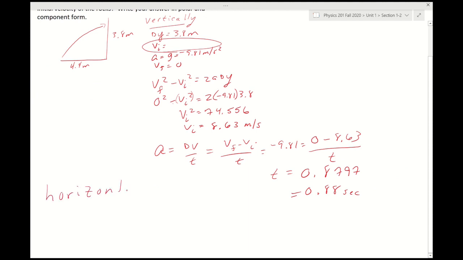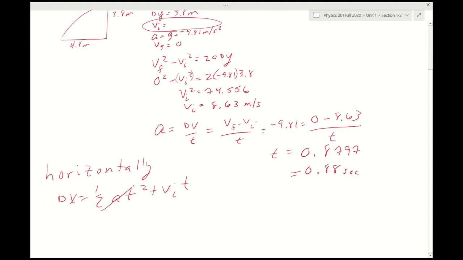Horizontally, I can now go to my delta x is 1/2 at squared plus vit. My horizontal acceleration is still 0, so 4.4 meters is equal to my initial velocity times my time, which is 0.88.